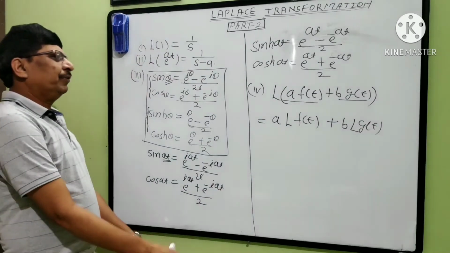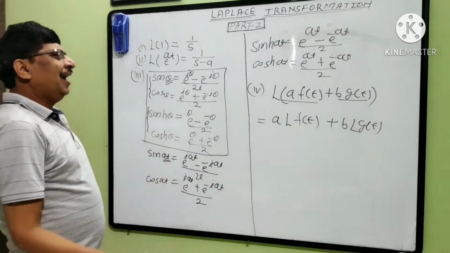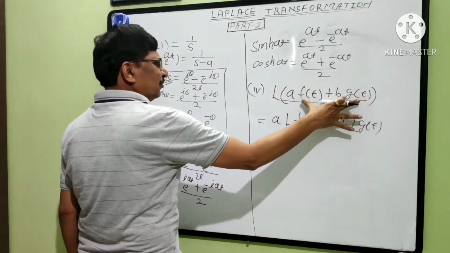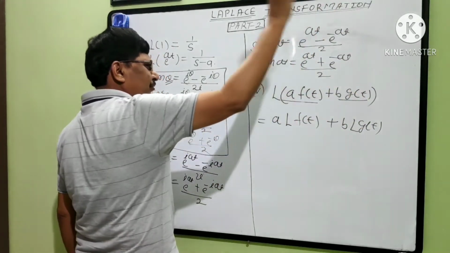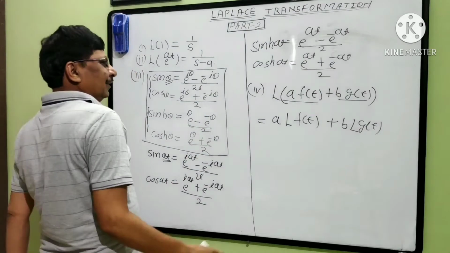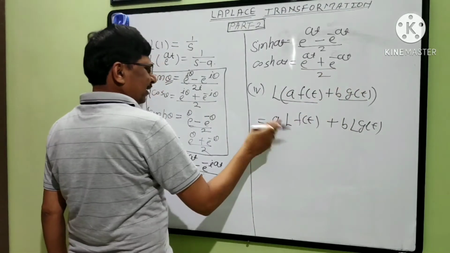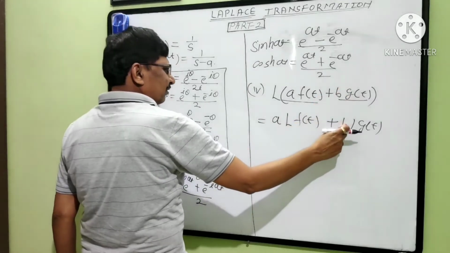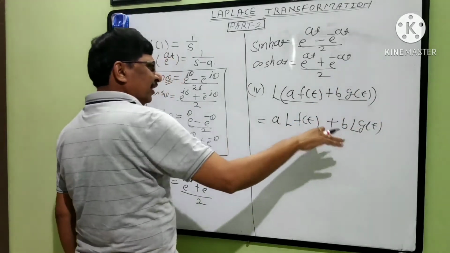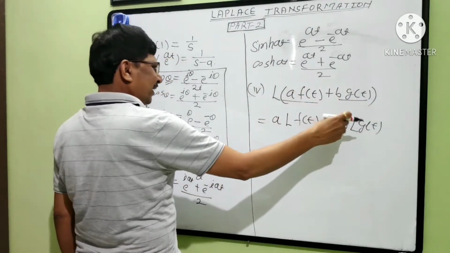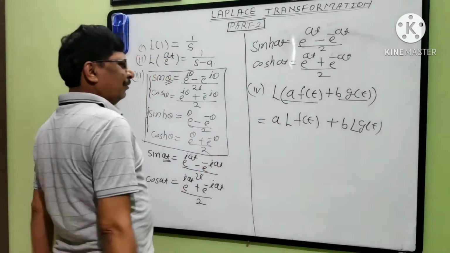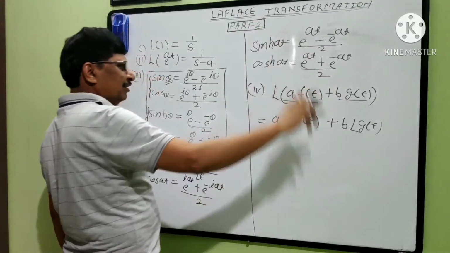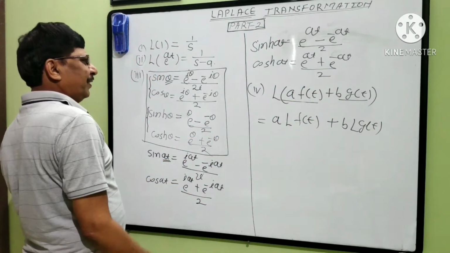This property is called the linear property, and that is simple. Why? Because the Laplace transformation means integration of this with e raised to minus st dt. In integration also we can take the constant outside, and the integration of an addition or subtraction can be split, so we can find the Laplace transformation of an addition or subtraction.